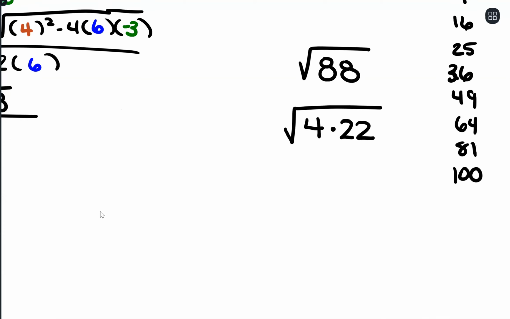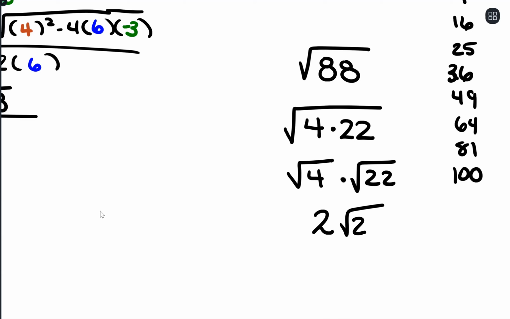So with that, what I can do is separate this up as the square root of 4 times the square root of 22. And that square root of 4 simplifies to 2. And then we have the square root of 22. So I can simplify the square root of 88 to this 2 times the square root of 22.